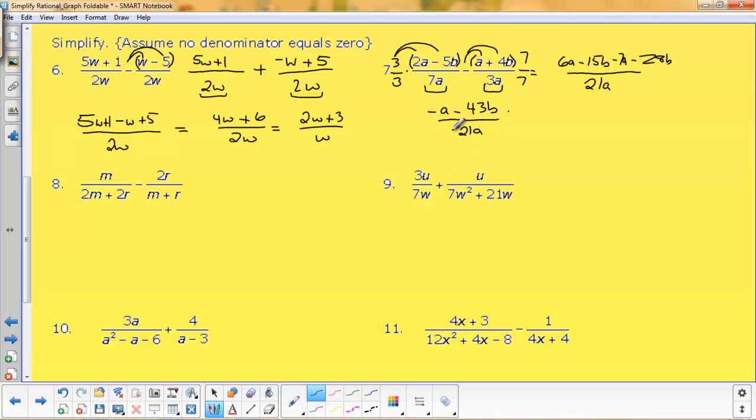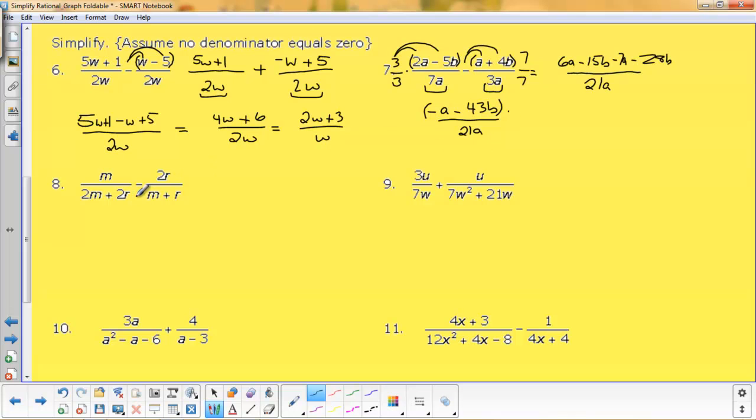I'm looking for a common factor between these three numbers, negative 1, negative 43, and 21, and there isn't one, so I am in simplest terms. Because this is a quantity, this a and this a may not be canceled out. They are not the same value. So this is my final form. I am done.